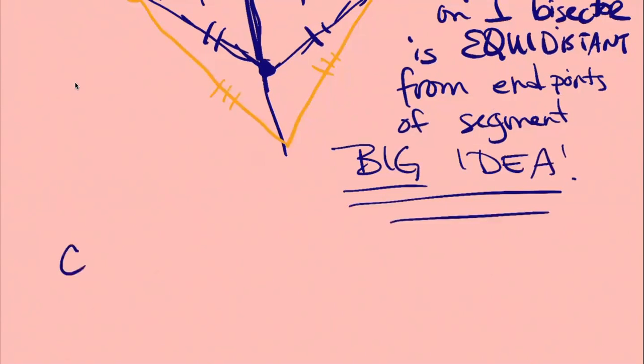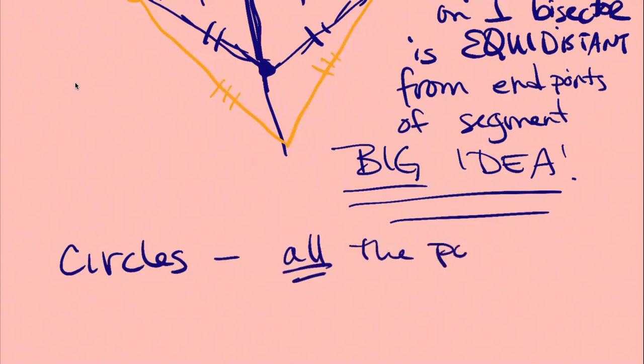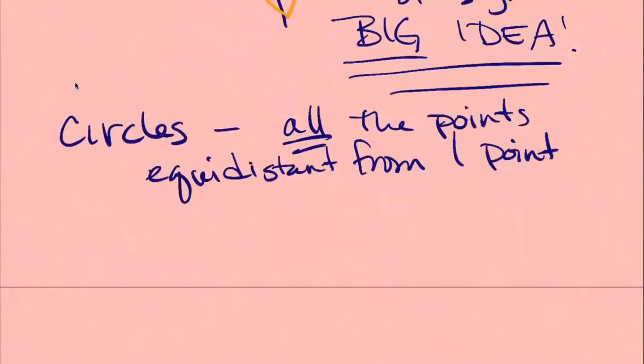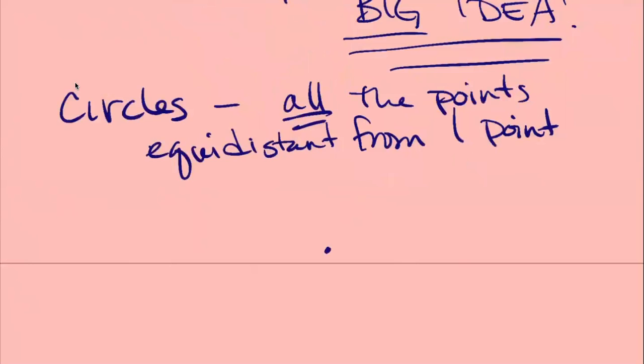We also talked about circles, and circles are all points equidistant, the same distance, equidistant from one point. So that's what the compass tool does in GeoGebra. I take one point and I take a radius length, and all the points that radius length away, they're all going to be the same.